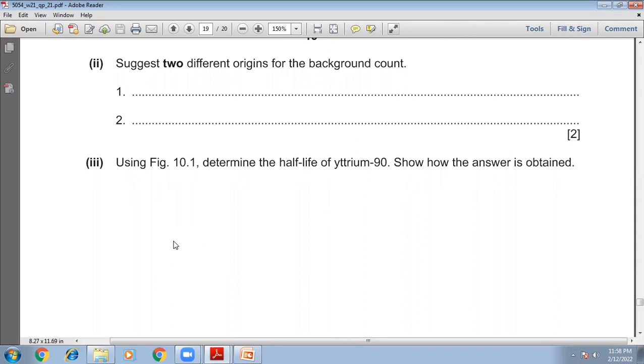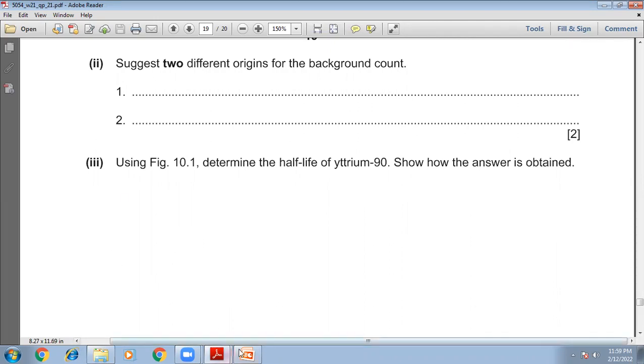And some other reasons can be that there might be some nuclear testing going on, or they might have disposed of the nuclear fuel in your area. So these can be some reasons.